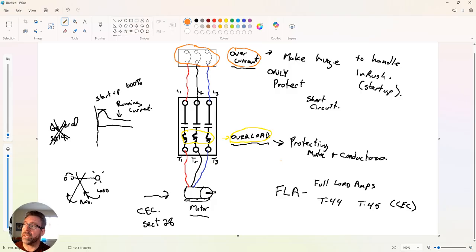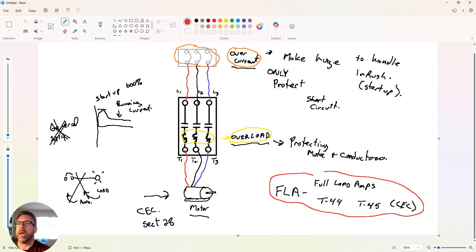The other thing that I want to identify here is that when we are looking at our motors, I just want to set a general standard. When we look at the motor currents, we want to have a look at what they call the full load amps. That is the running current that is based off of the motor shaft. Our horsepower is always based off the output power of that motor.